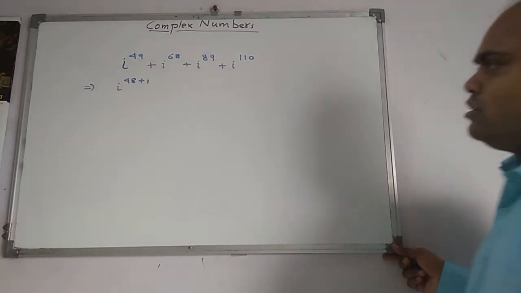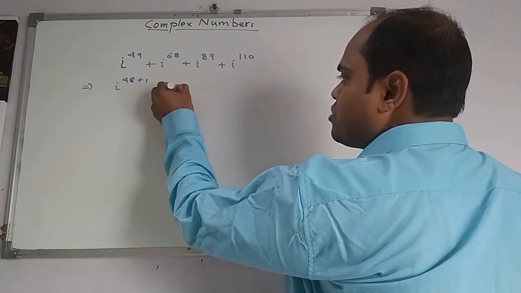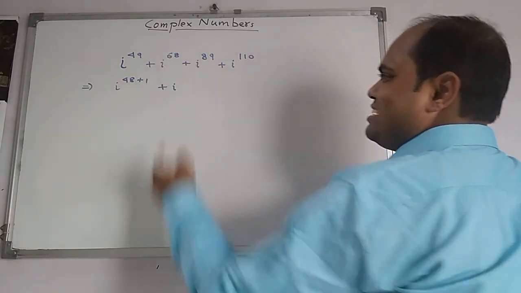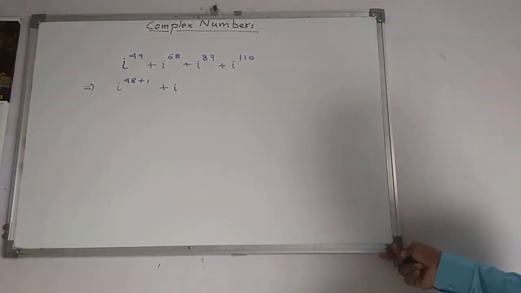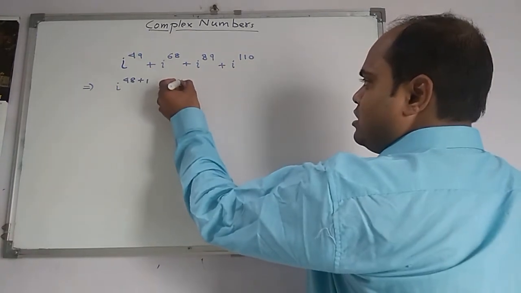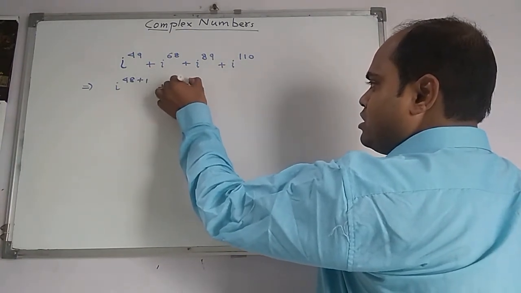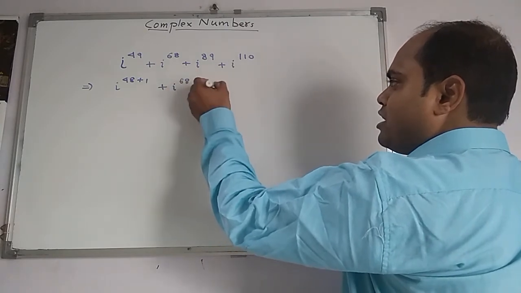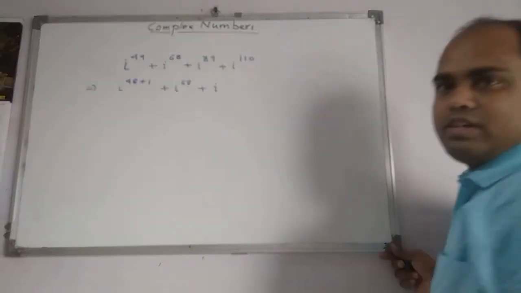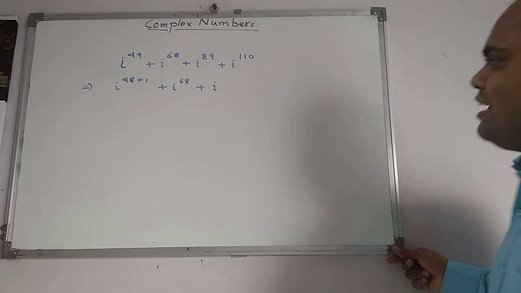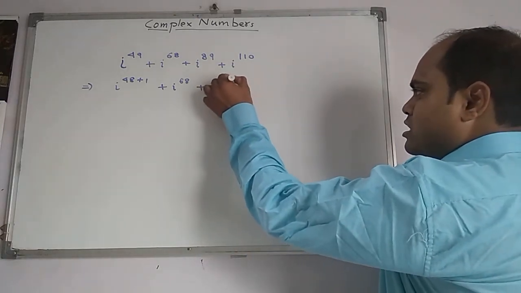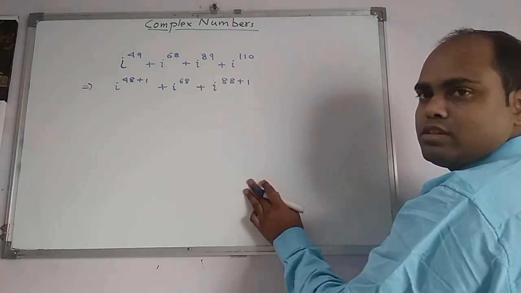Okay, and here 68 is a multiple of 4, so let's leave it this way. Then we have iota raised to 89, and we can write 89 as 88 plus 1.